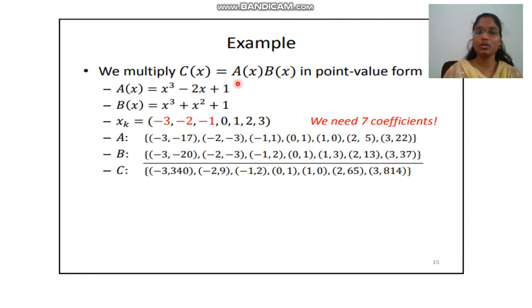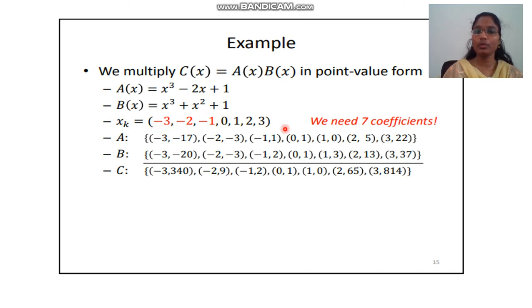C of x is equal to a of x into b of x in point value form. So a of x is given, b of x is given. On the side it is simply a hyphen, not minus, just to represent the points. Now the resultant will have the extended version, that is, 7 coefficients. So apart from 0, 1, 2, 3, we will also have minus 1, minus 2 and minus 3.